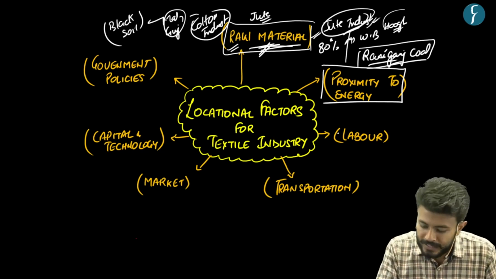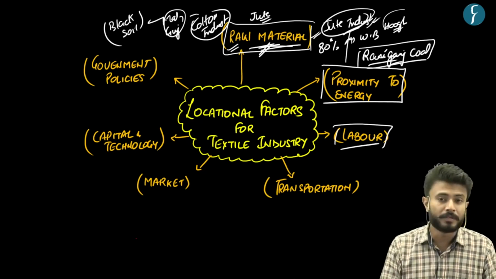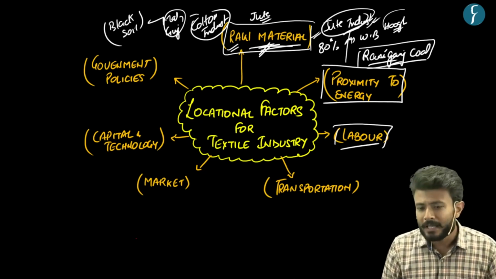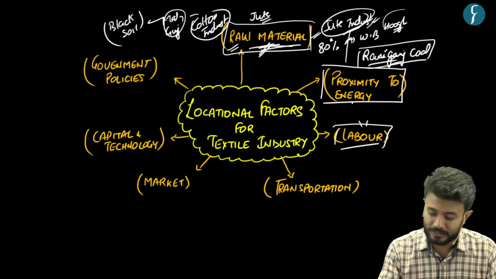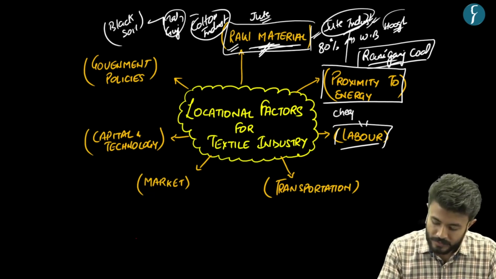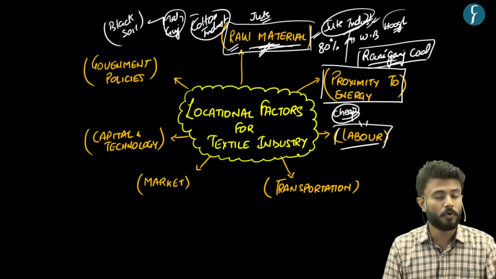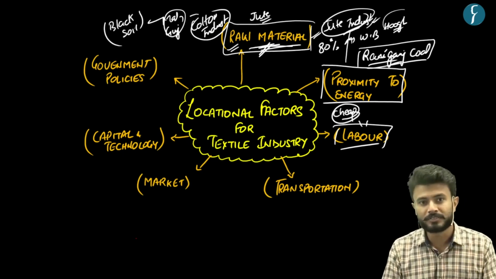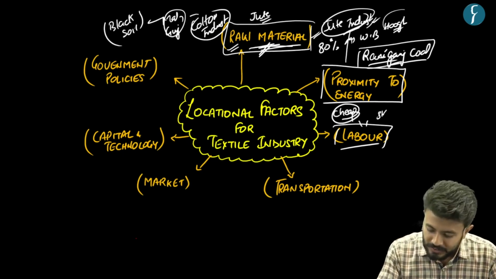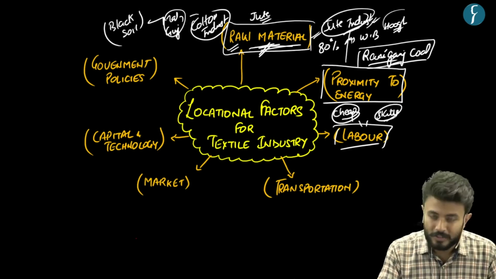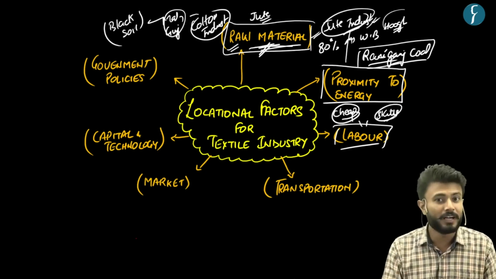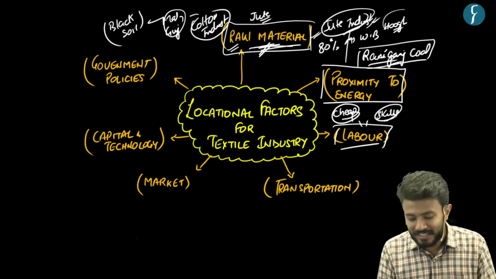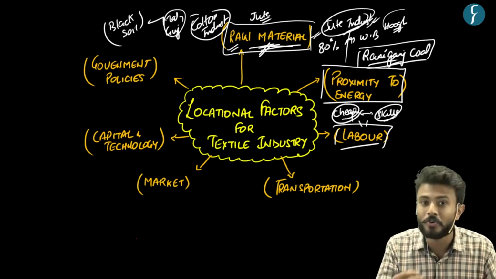Okay. Then comes the importance of labor. Now, when we talk about the labor, there are two criteria. One is the cost. So the cheap labor will obviously attract the industrialists. Second is the skills. So the skilled labor will obviously attract the industries. But the thing is that both of these things are contrary to each other.